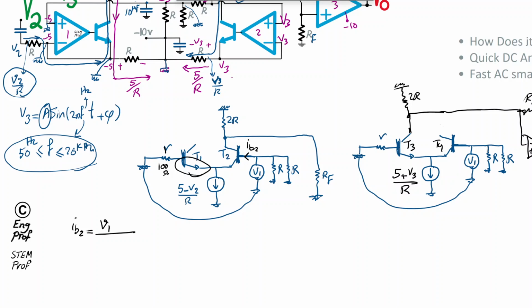Because they have the same DC current, because of what we discussed as matched transistors, I can just say basically the same bias current. I would just say it's going to be 100 ohm, this guy, in series with RB1 and RB2, which means 2RB. So it will be plus 2RB.